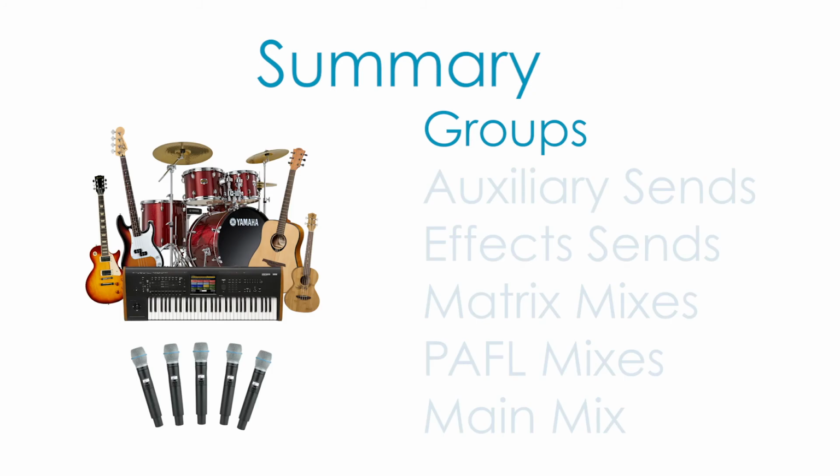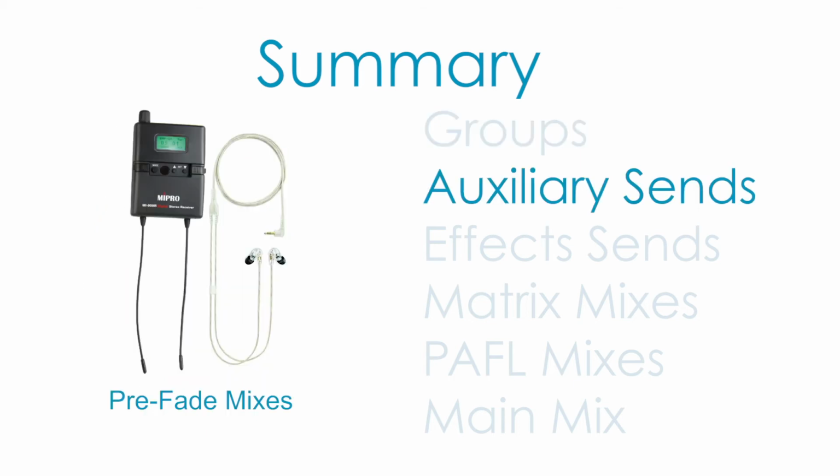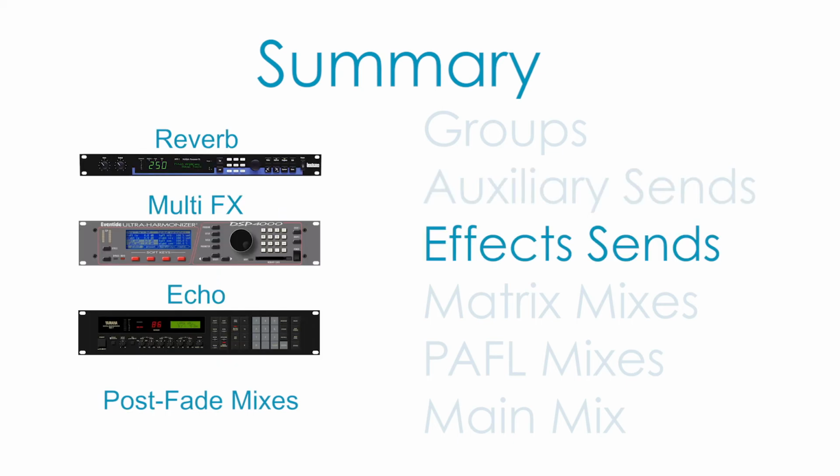Let's review the 6 types of mixes. Group mixes combine audio sources for easier control and group processing. Auxiliary sends are customized mixes sent to other locations, such as in-ear monitors or floor wedges, and are typically pre-fade mixes. Effects sends are customized mixes sent to effects processors and are typically post-fade mixes.